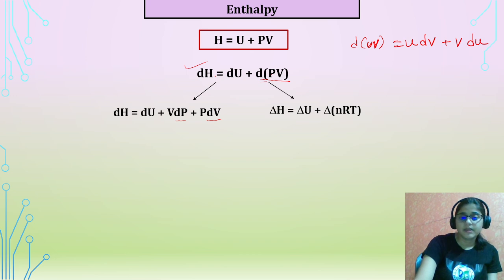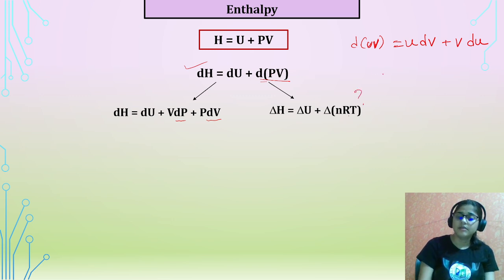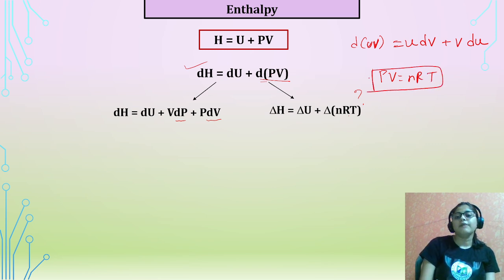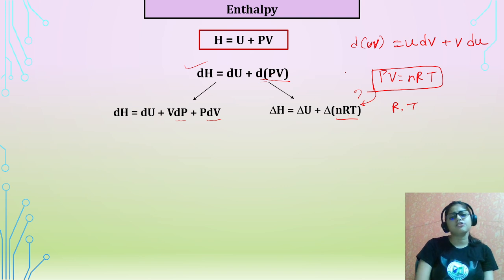Next, this one also we can write. From where is it coming? We know that for the ideal gas equation, PV equals nRT, energy. This we all know, right? So I am putting here the PV value as energy, and in this whole term, R and T are constant because the temperature of the system is constant here.